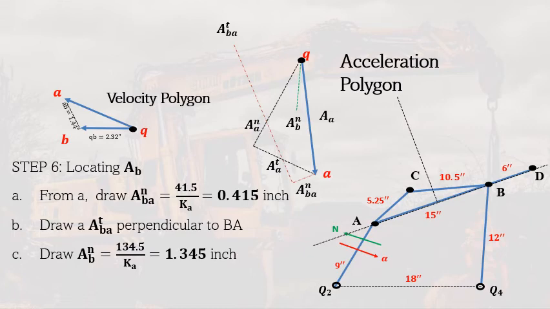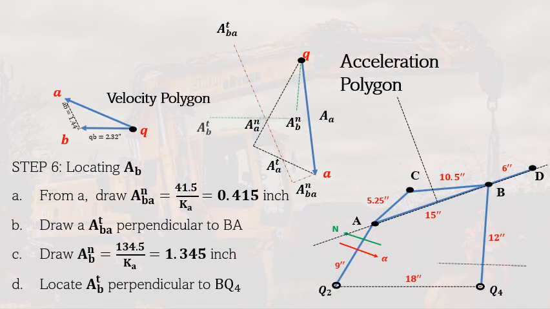So now that we have that, we can now get the tangential component. The tangential component of the acceleration of B is perpendicular to BQ4, right? Because Q4 is the center of rotation, so meaning its tangential component is perpendicular to BQ4. So we draw a line which is tangent to that.